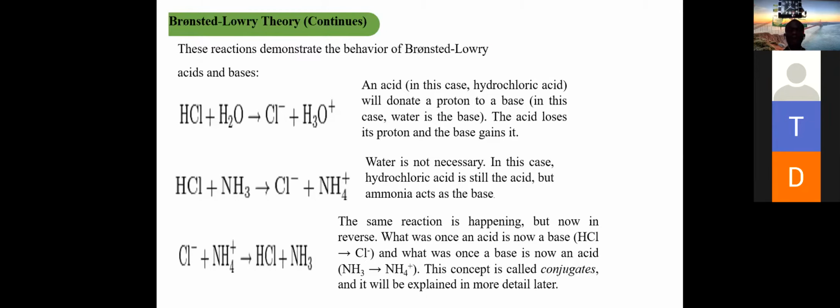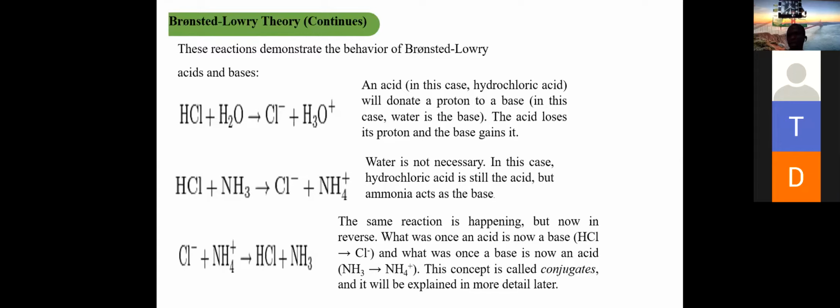Then, if you are asked to write an equation showing a compound acting as a Lowry base, again, the simplest way of doing that is to add water. But in this case, let the proton leave water to that compound, because a base is a proton acceptor.